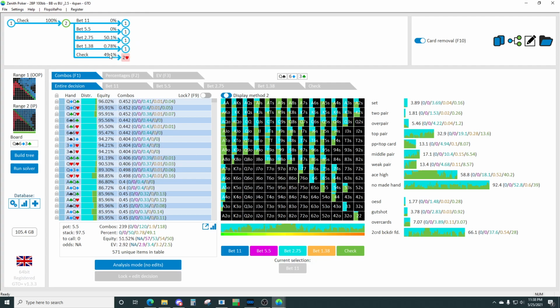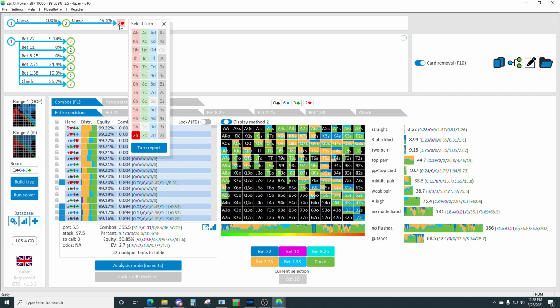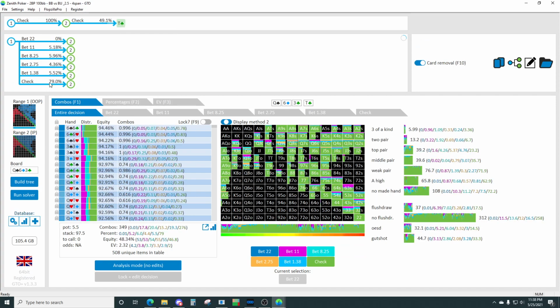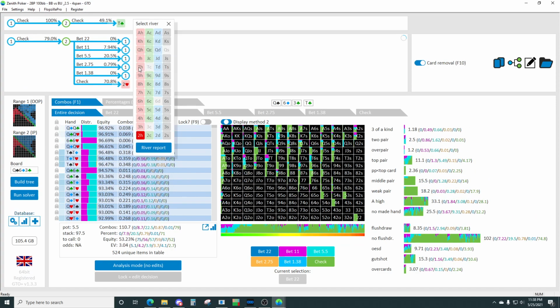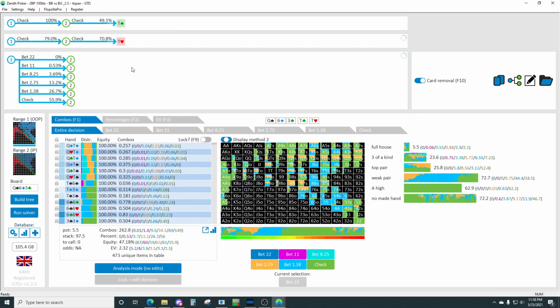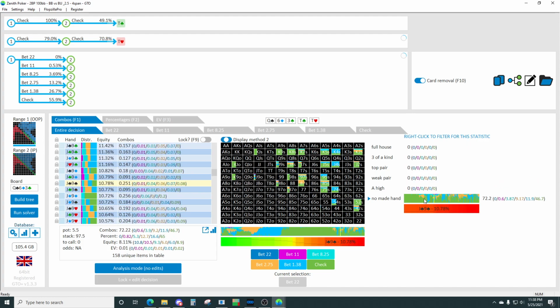Because if it checks down to the river on this board, give it a more brick run out, like a 10, you can see in position is going to retain their equity from pre-flop, so out of position can't just bluff all their air.